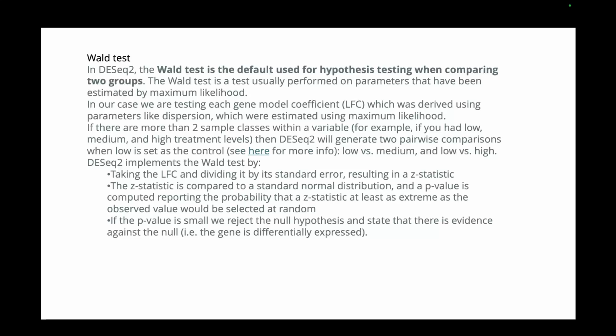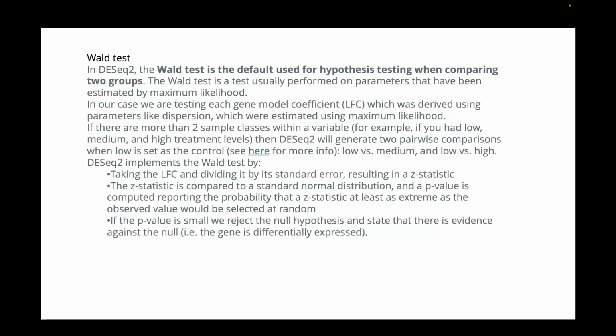After that, you do this Wald test and you compare the samples, basically the differential expression samples that you are comparing against, control versus treatment or different types of treatment or whatever, and you take the log fold change of each of the genes for the particular comparison, and you divide it by the standard error, which will give you the z scores.